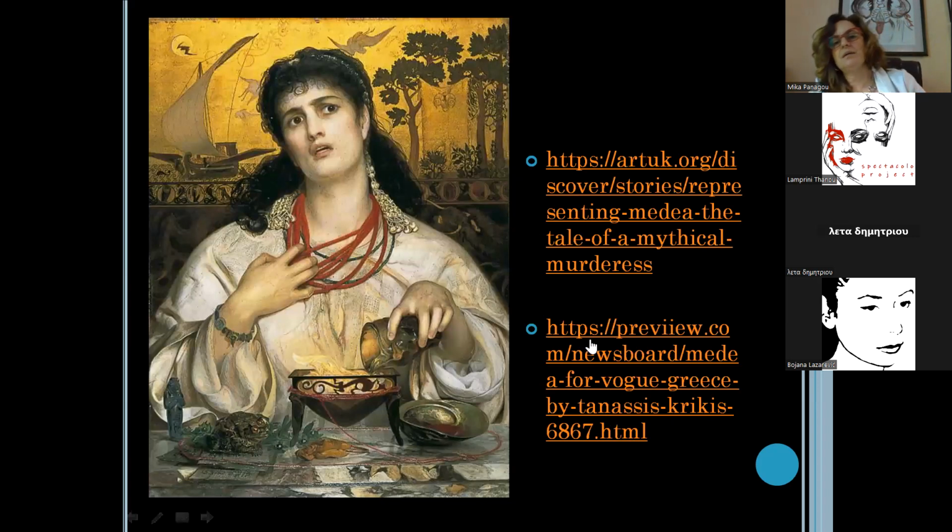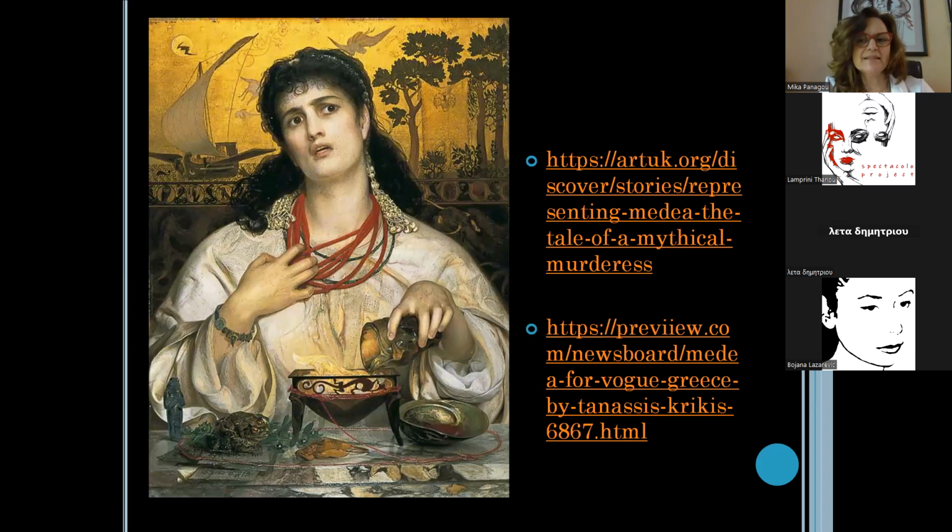So these are two links here, and this is one of the paintings that has portrayed Medea, because one side of her was that she was a witch, an oracle, she was too many things, and they were afraid of her.